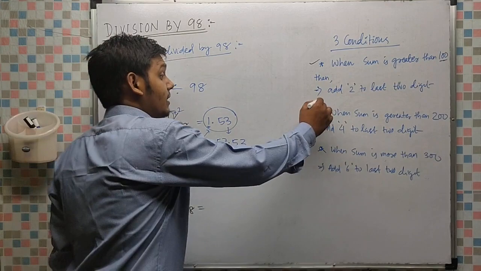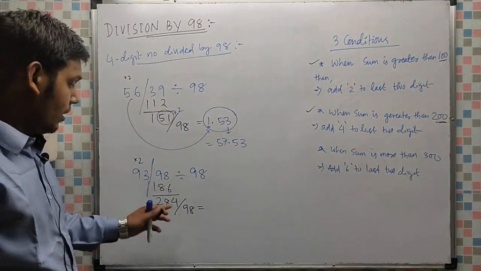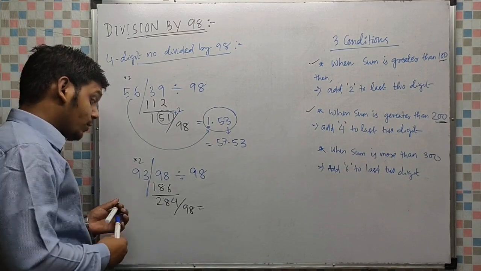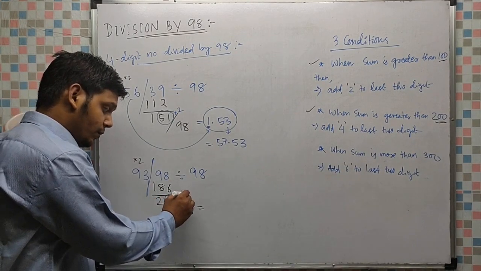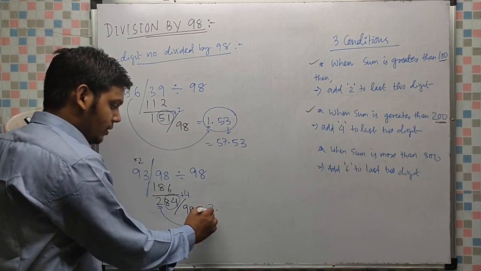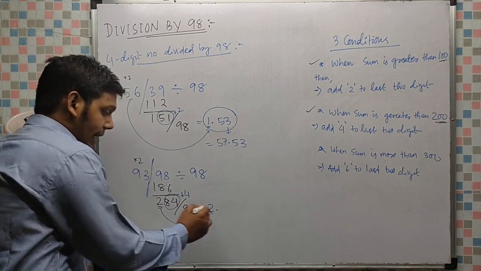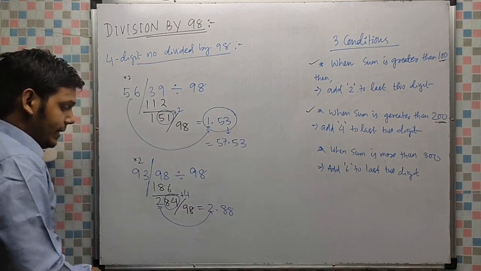Now the second condition applied, sum is more than 200. So if the sum is more than 200, last two digit plus how much? 4. So 2 point, simply keep the digit, 2.84 plus 4, 88, 2.88.